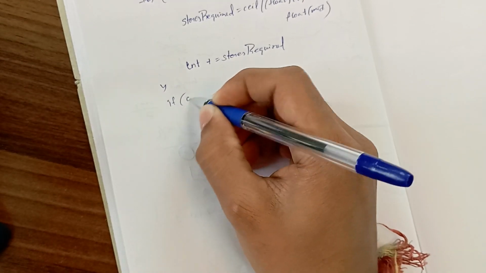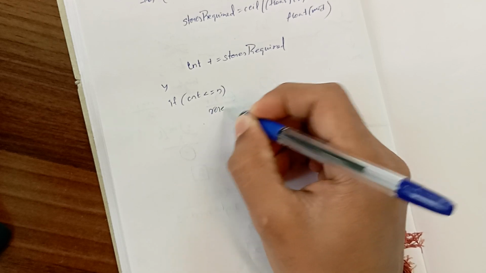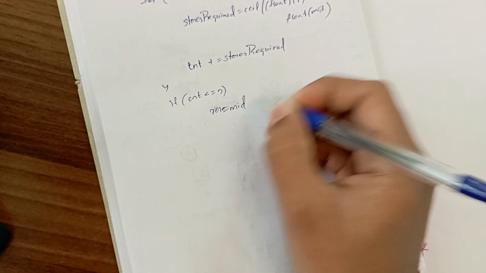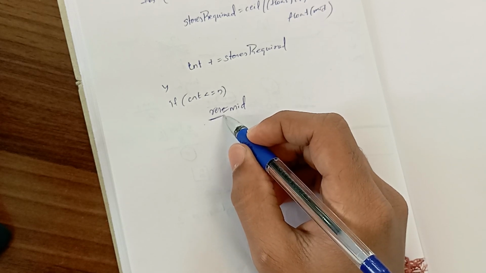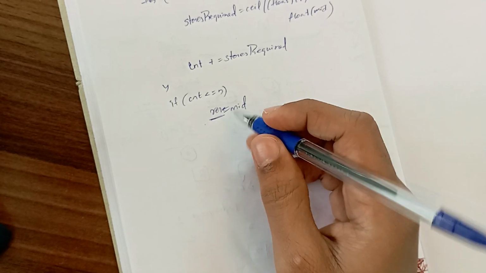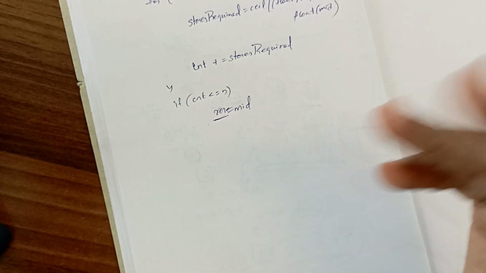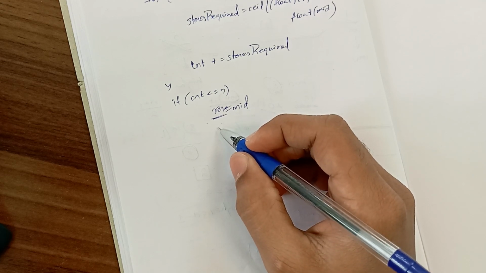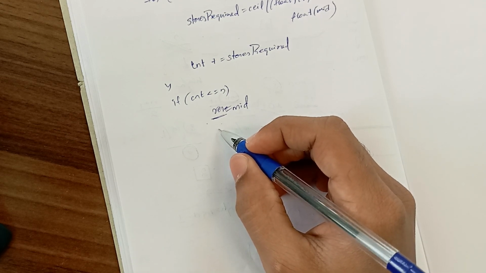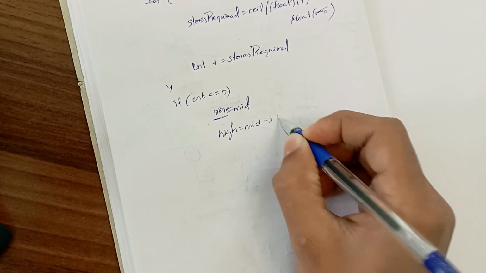If count is less than or equal to n, result will be our mid. And here it is the minimized maximum number of products or items which are given to a store. And if count is less than or equal to n, or x is less than or equal to n, we make high equal to mid minus 1.